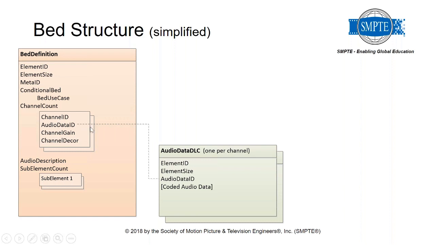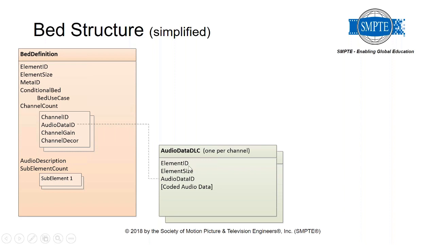So anyway, as mentioned, there'd be one of these for each channel and one essence element for each channel. In this case, I've shown the audio data DLC element. There are two elements supported by the bitstream: audio data DLC, audio data PCM. You can probably guess what PCM is. Audio data DLC is losslessly coded audio data.